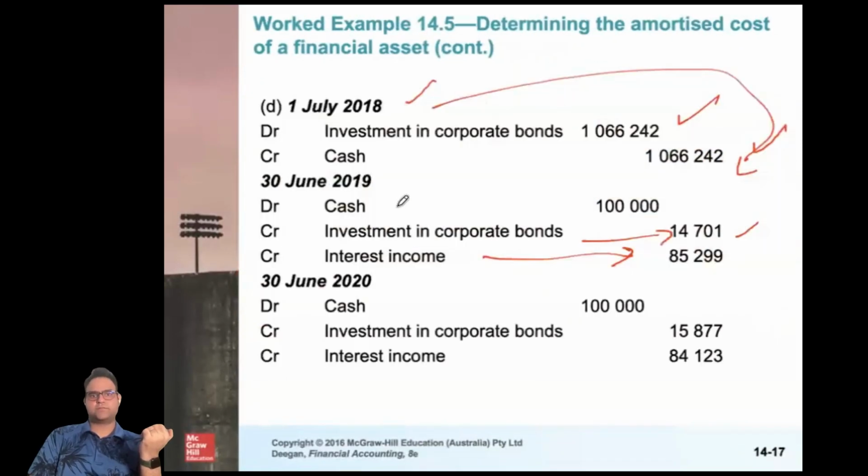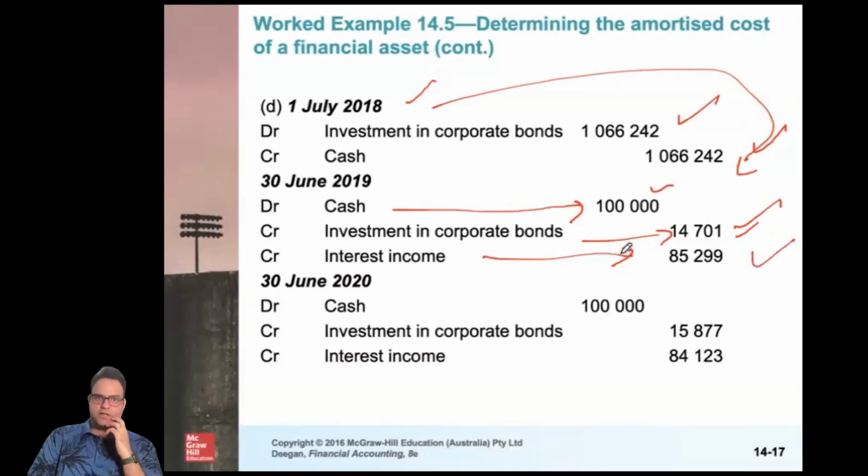The total payment was 100,000, so the cash debit is 100,000, and the principal portion is this. The interest received is charged as interest income of 85,299. So revenue is written as a credit, and investment in the corporate bond is also written as a credit. Then next year we will do the same entry but with a different amount. So this entry system is quite similar to a lease schedule. There is no such difference so far.